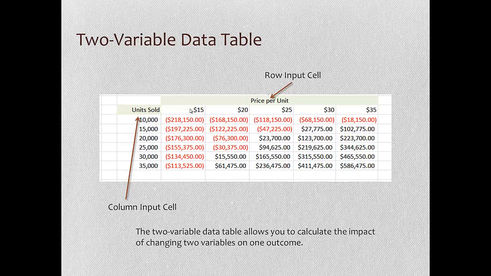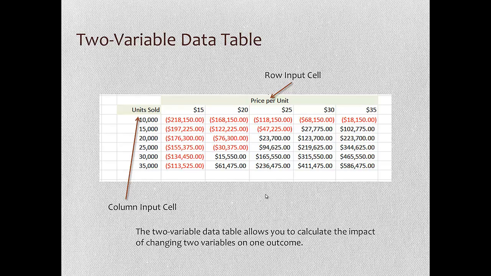So here you can see the impact of selling your items for $15 an item. You're not going to have positive net income. When you get over to $20 per item, in the higher sales volumes, you start making money. So this is a useful tool as well.